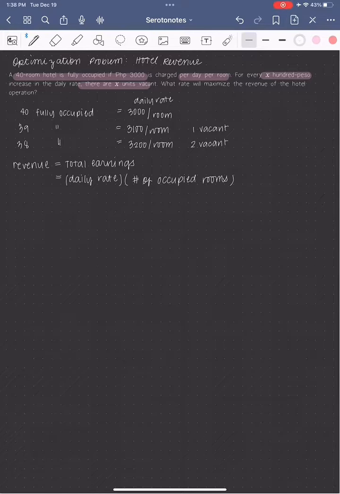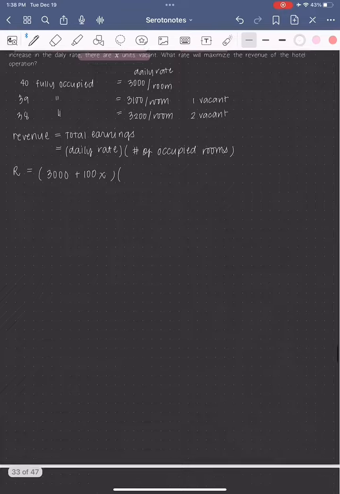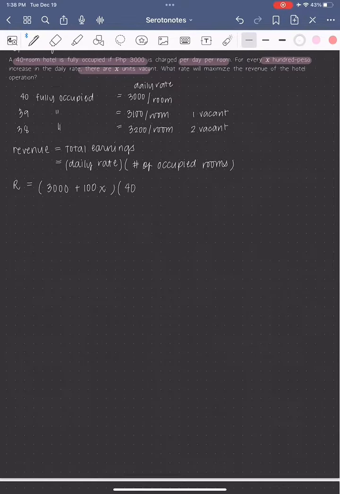To set up the revenue function, we have the base daily rate, which is 3,000 pesos per room, plus every 100 peso increase for every X units vacant. So you have plus 100X. And your number of occupied rooms is equal to 40 minus X, because X is the number of units vacant.